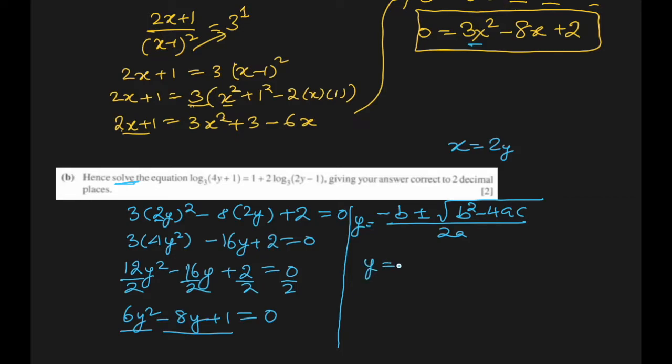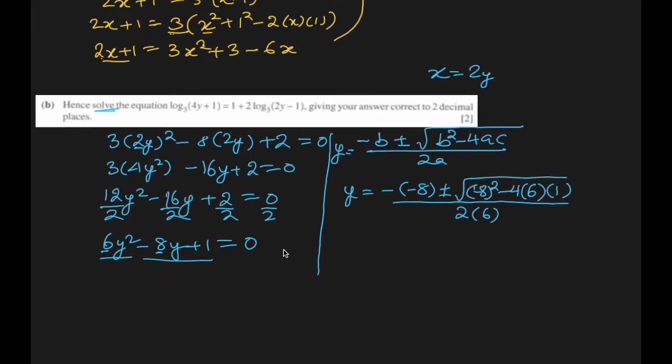So y is minus 8, this is b, this is a, plus or minus square root of minus 8 squared minus 4 times a. a is 6, c is positive 1, divided by 2 times 6.